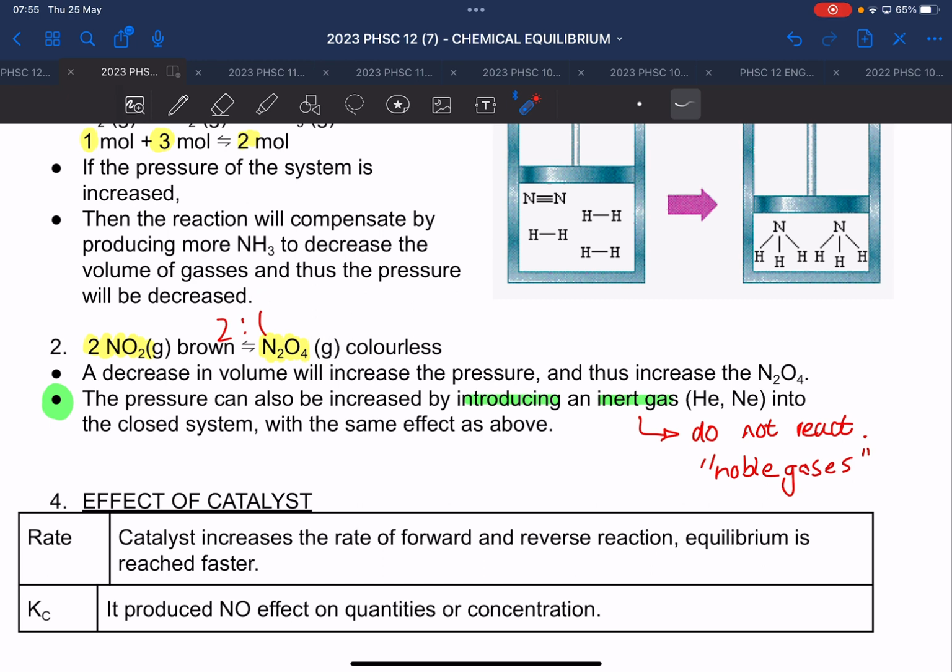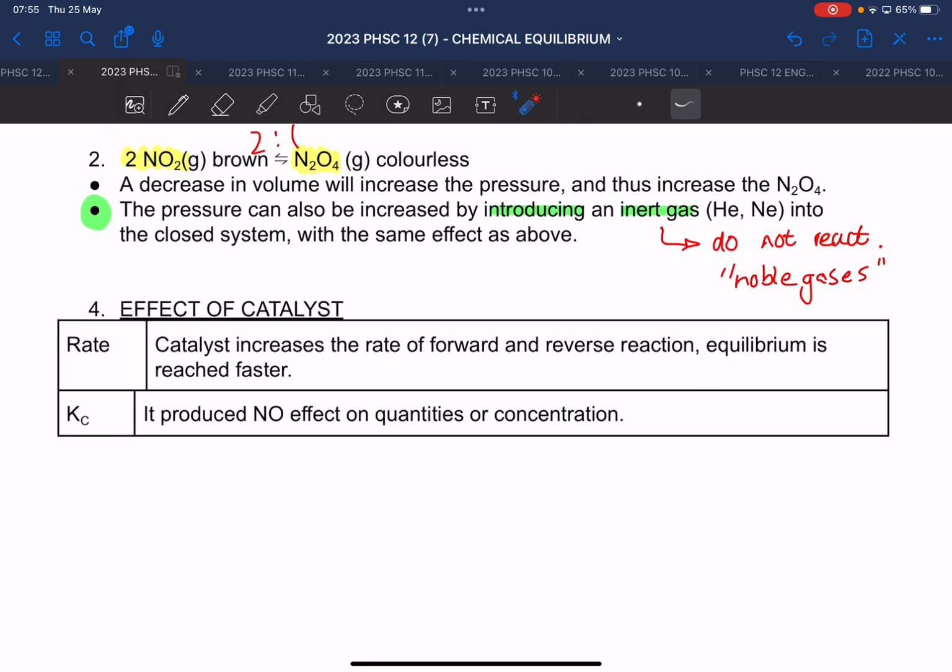Okay. And then the effect of a catalyst. The catalyst only affects the rate of a reaction. It only causes it to go faster or slower. So a catalyst increases the rate of both the forward and the reverse reaction.